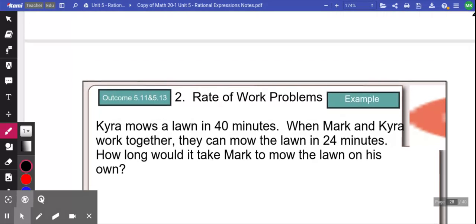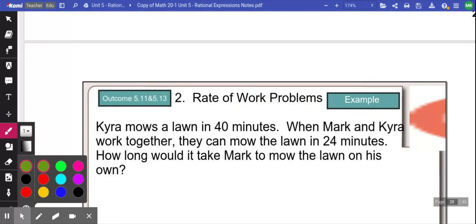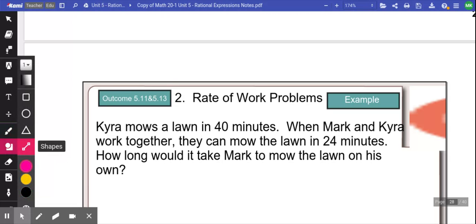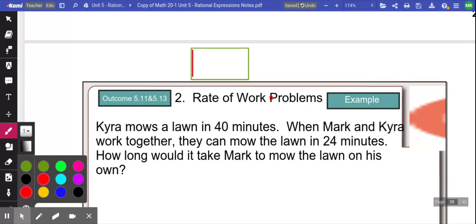Okay, I'm going to draw a little bit of a picture to represent what's going on here. So we have a lawn, right? I'm going to even do the green lawn because I really care about you guys learning. If we picture two people working on this together, we've got Kyra starting on one end, and she's going to start mowing the lawn, going back and forth and back and forth.